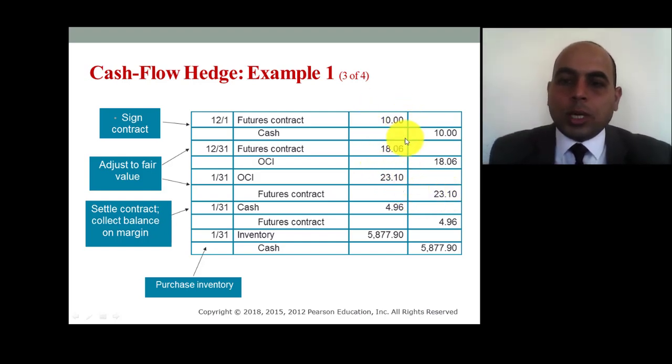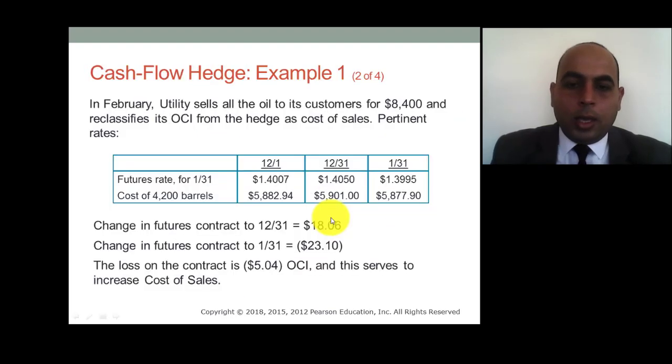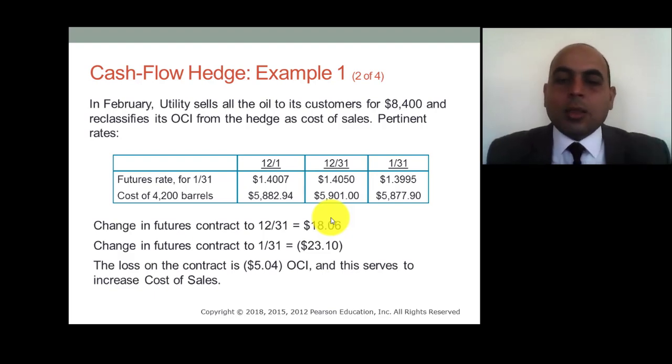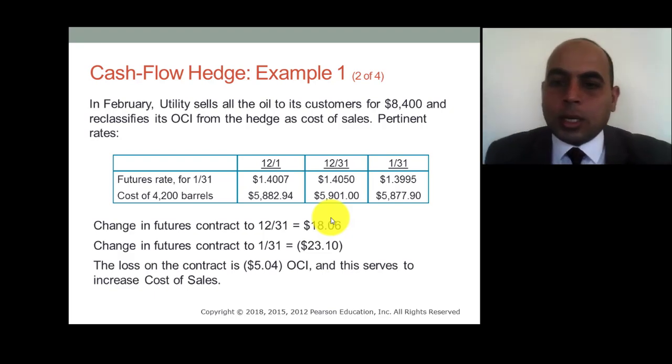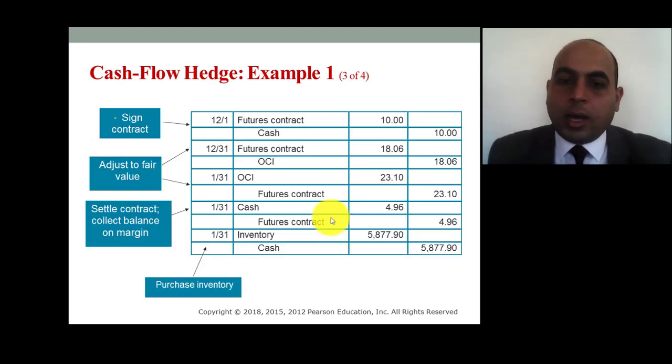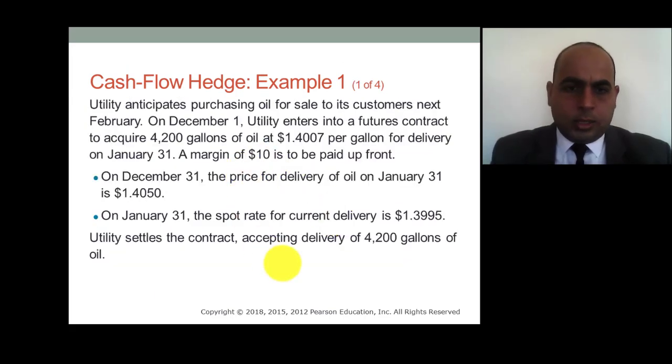So here we are talking about the difference of 5.04, the difference between the loss on this difference occurring as a loss on the contract, as the value of the acquired gallons has declined from 140 to 139.95.